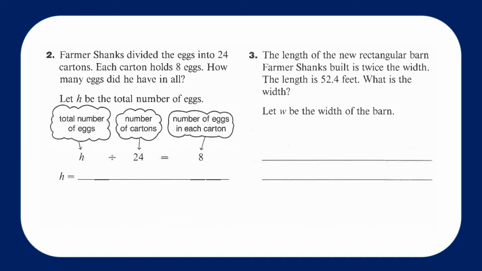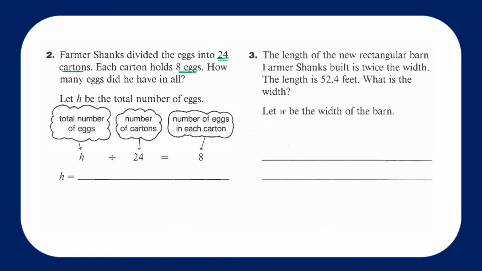Question number 2. Farmer Shanks divided the eggs into 24 cartons. Each carton holds 8 eggs. How many eggs did he have in all? Let H be the total number of eggs. So we know he has 24 cartons, and we know that each carton has 8 eggs.